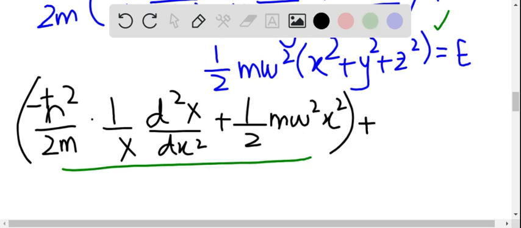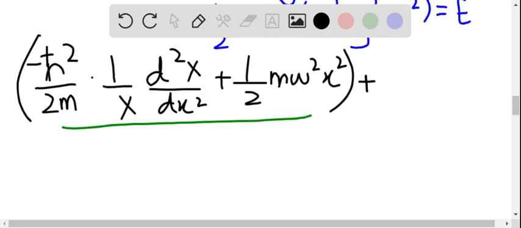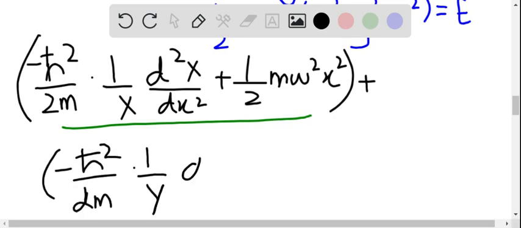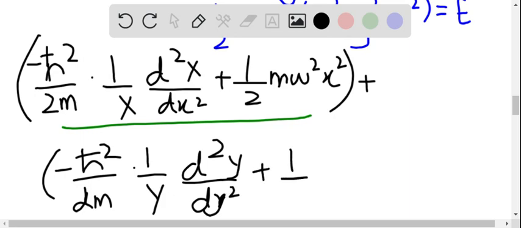So as it is a very long term, I'm going to write the next term in the next line. So over here I have negative h-bar square divided by 2m into 1 divided by Y d square Y divided by dy square plus 1 divided by 2m times omega square y square, right?